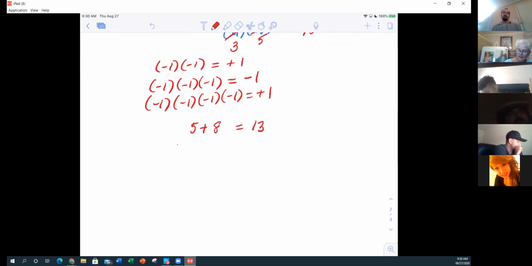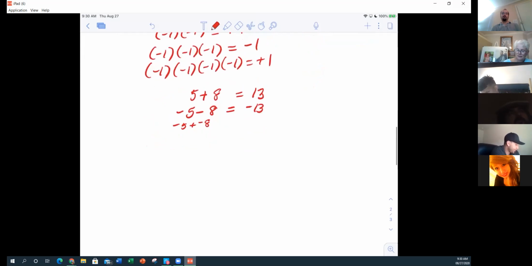When you add, if you have 5 plus 8, that's just 13. If you have -5 minus 8, that's -13, because that's like saying -5 plus -8. So you're going backwards and then you're going backwards some more. If you have 5 minus 8, in other words, if you have a positive and a negative, then you just subtract the two numbers.